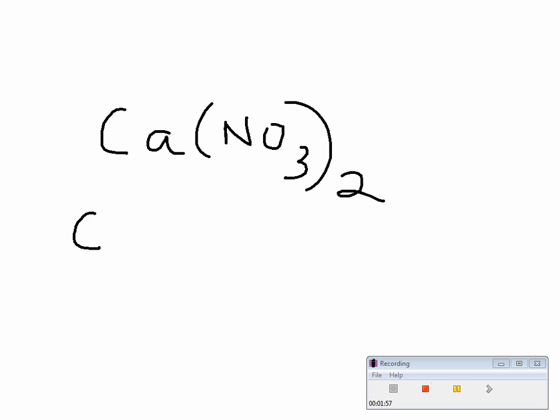So you start to look at the calciums. When you look at calcium, there's 1 in the formula because there's no subscript. So we would multiply that times its formula weight. I get my multiplication sign here. And its formula weight is 40.01 AMUs.